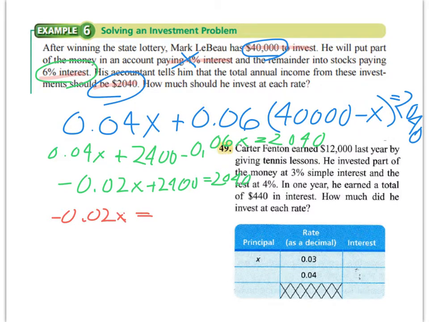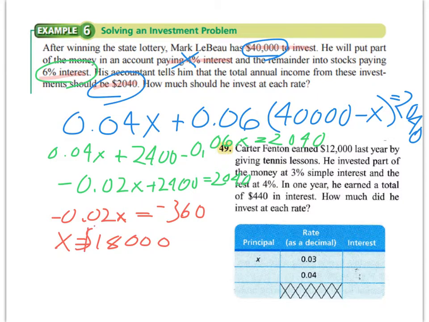But the fact that they're both negative means that the answer will end up being positive. Like I said, I forgot that little trick that if you make the larger percentage be the variable, then things turn out positive, which of course is nice. From there we just divide the negative 360 by the negative 0.02, and we get 18,000 for x.